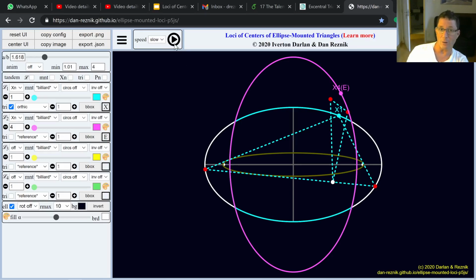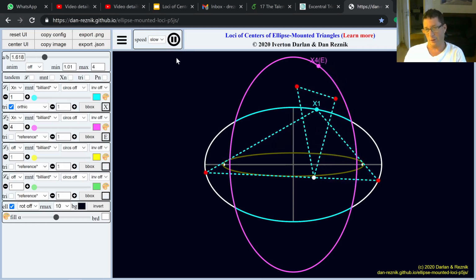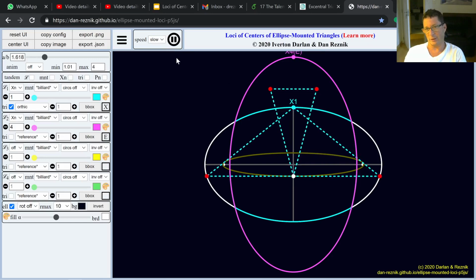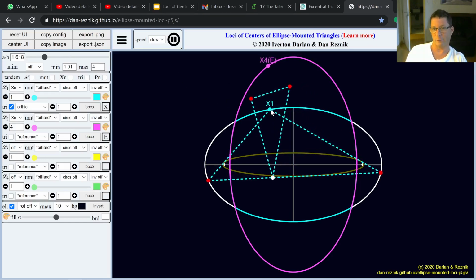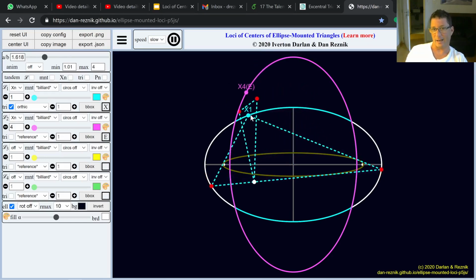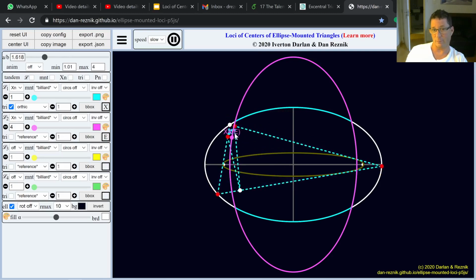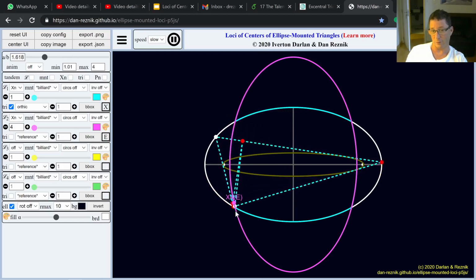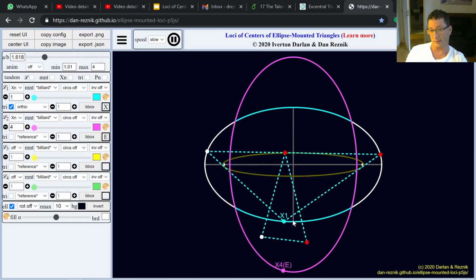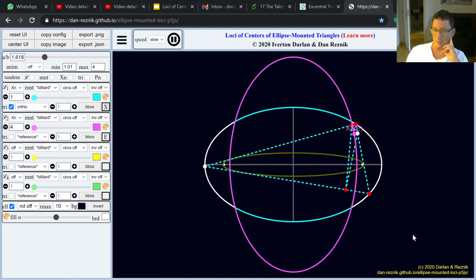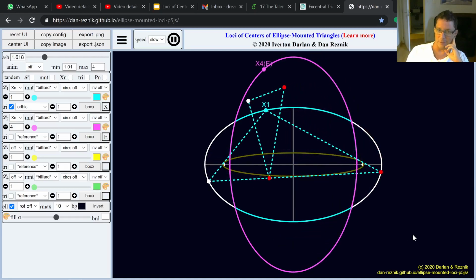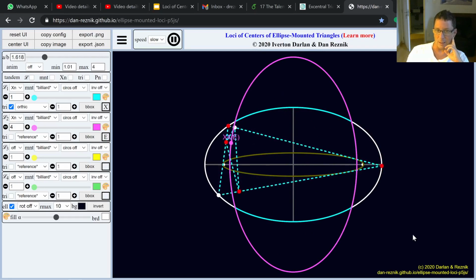So look at what happens to the locus of x1 of the orthic. It's currently on the elliptic billiard, so it's executing a sector of the elliptic billiard. As soon as the triangle of reference becomes acute, it actually follows x4, and then it becomes stuck to the elliptic billiard again. It's switching between these 2 modes in an alternate fashion.